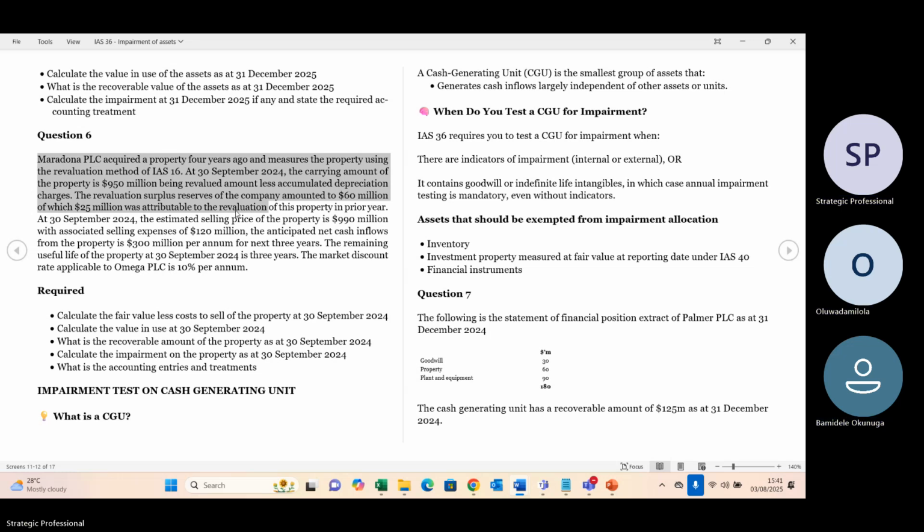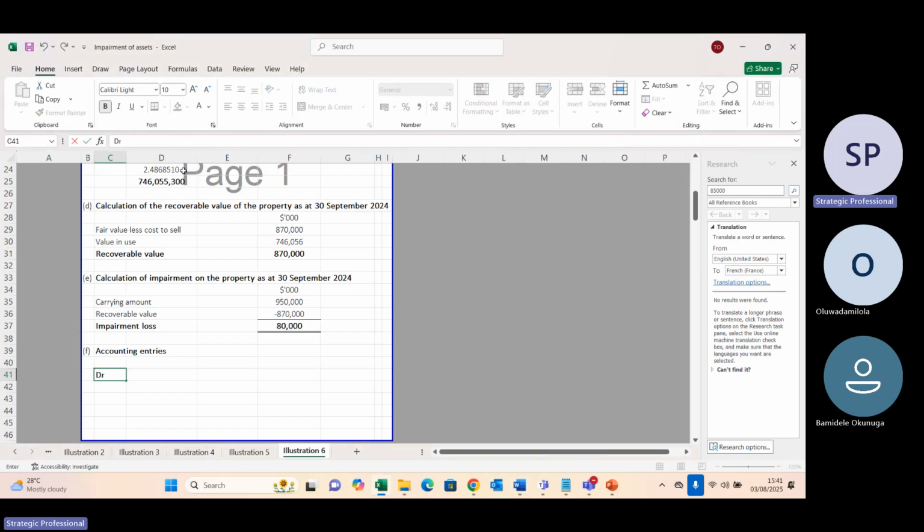Let's assume that this question said Maradona PLC acquired the property 4 years ago and measures the property using the cost method of IAS 16. What our accounting treatment would have been is debit P or L, with cost of sales or admin expenses, as the case may be.